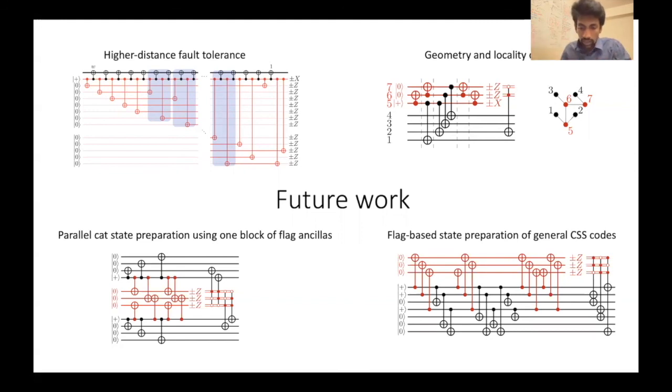In this circuit, I show how to prepare the encoded cat 0 state of the Steane code, the 7-1-3 Steane code, using just 3 extra flag ancillas. So an open question is to see how far we can take this. Like, if we get distance 7 fault-tolerant circuits, can we use them to create, say, logical cat 0 state prep of the Golay, the 23-1-7 Golay code? So yeah, there are a couple of open questions here.